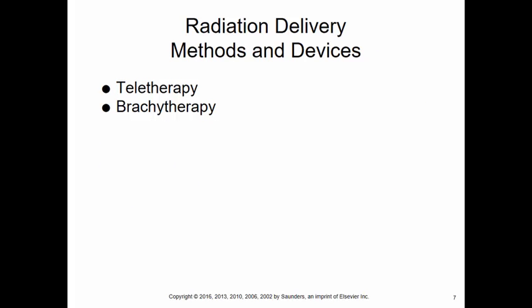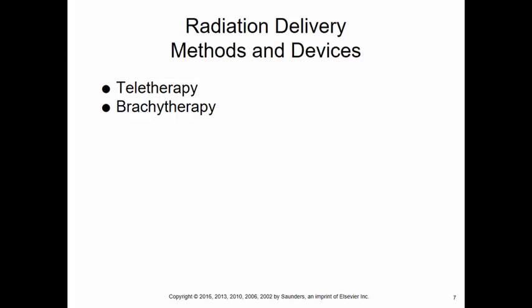We've got a couple different types of delivery methods for radiation, and the choice of radiation method is going to depend on a patient's general health and size, and the size, shape, and location of the tumor.